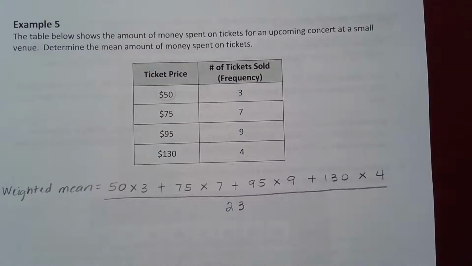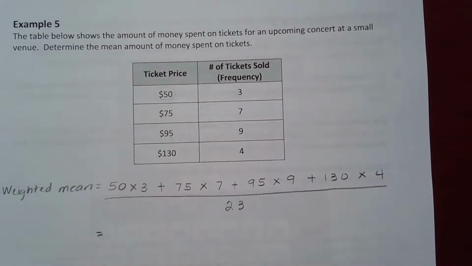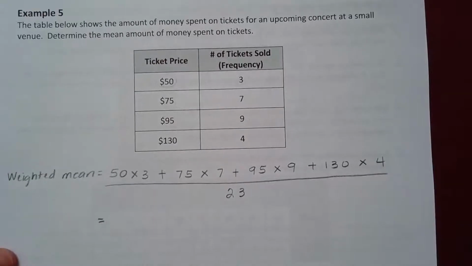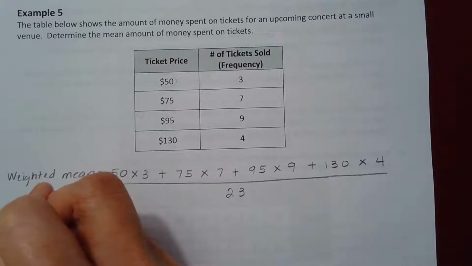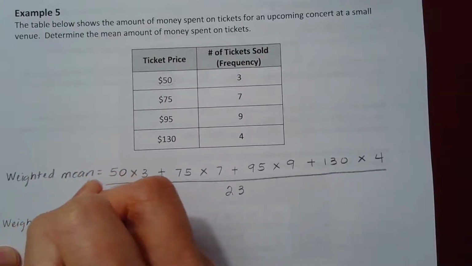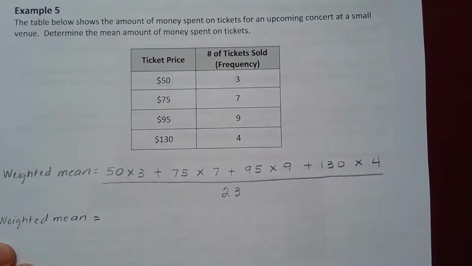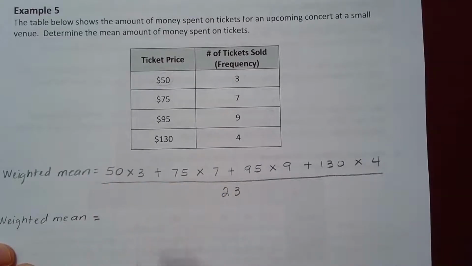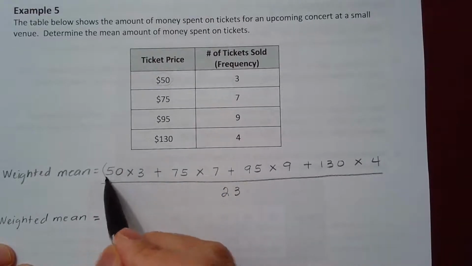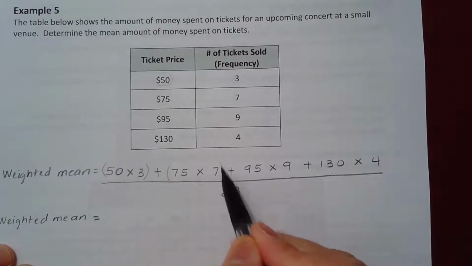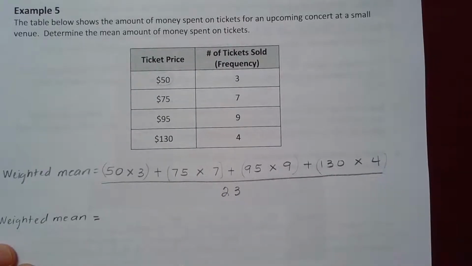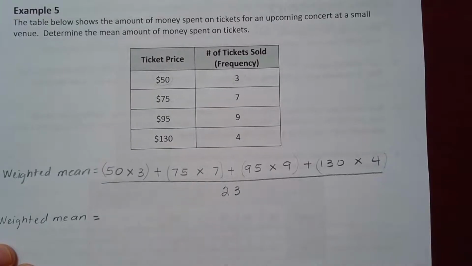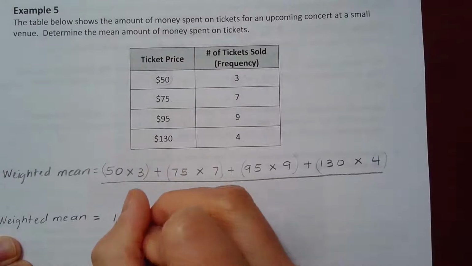Okay. So weighted mean. So there's some space in here. So what I can do is I can multiply these ones first. I can probably show my work. So 50 times 3, that's not too bad, 150.